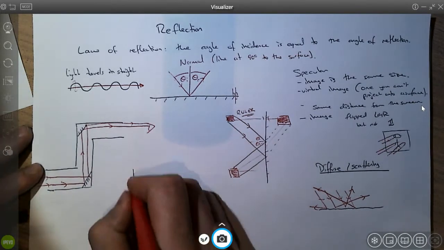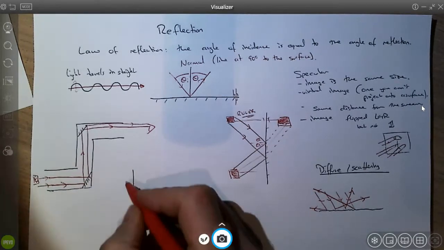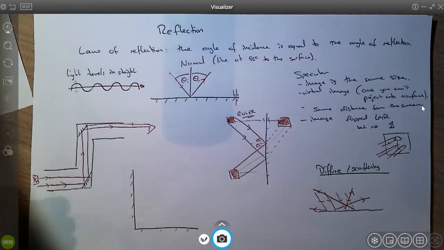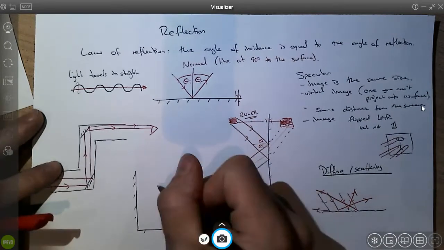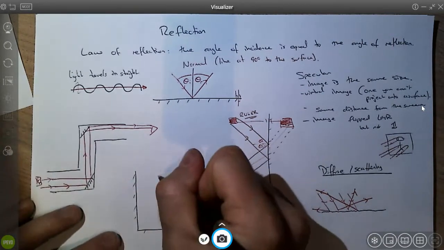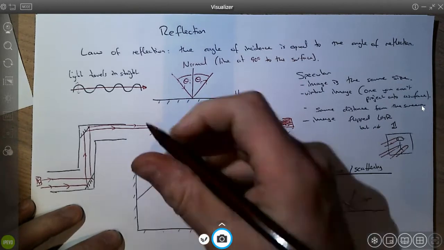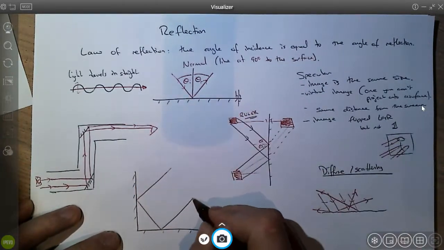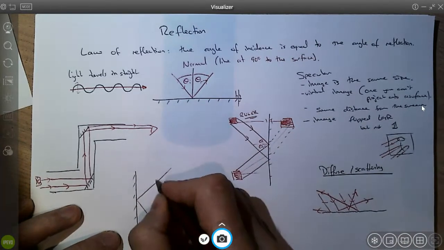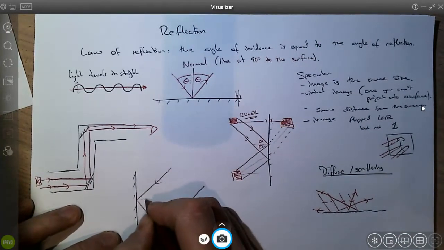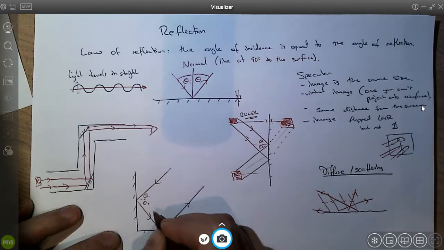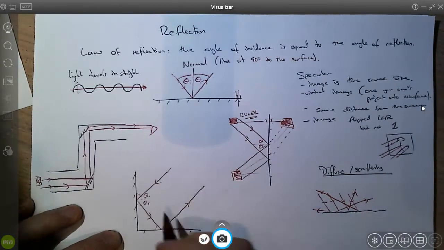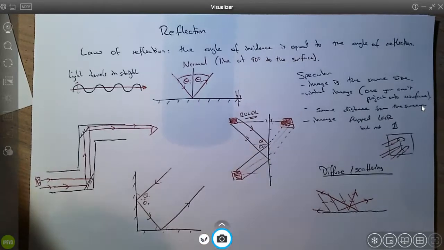Another common example would be some object like this at a right angle. And this is quite nice because it is obviously a nice example of reflection where students have to complete a slightly more complicated situation, where obviously this angle is equal to this angle, although for students it's a lot easier to make these angles equal, even though that's not technically the angle of incidence reflection.